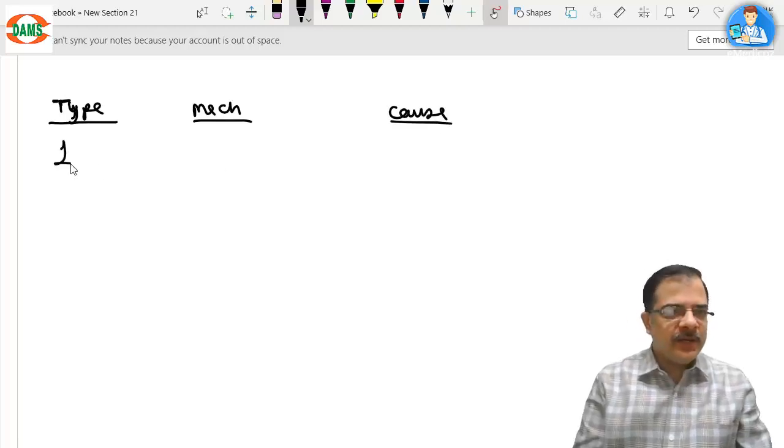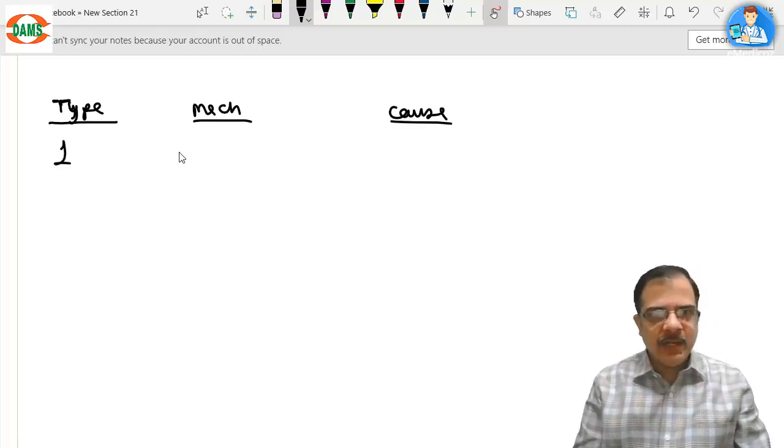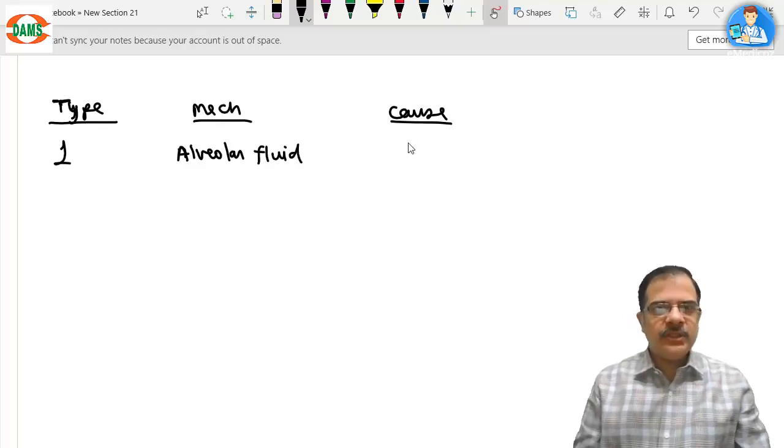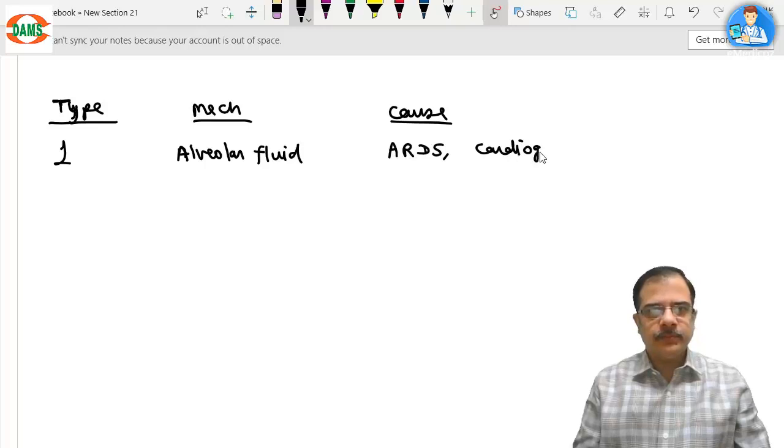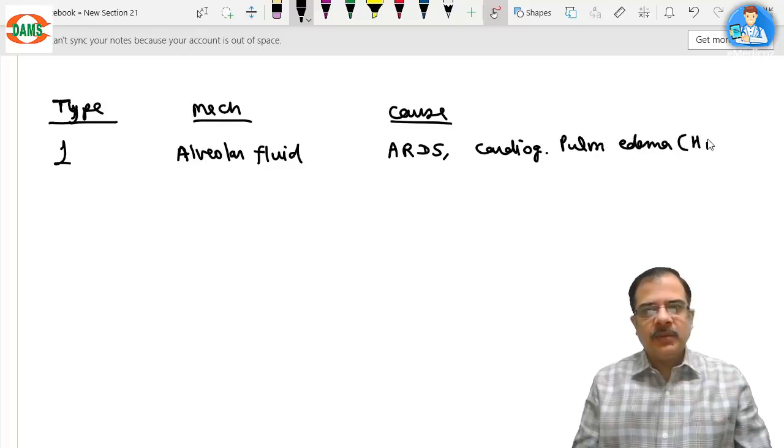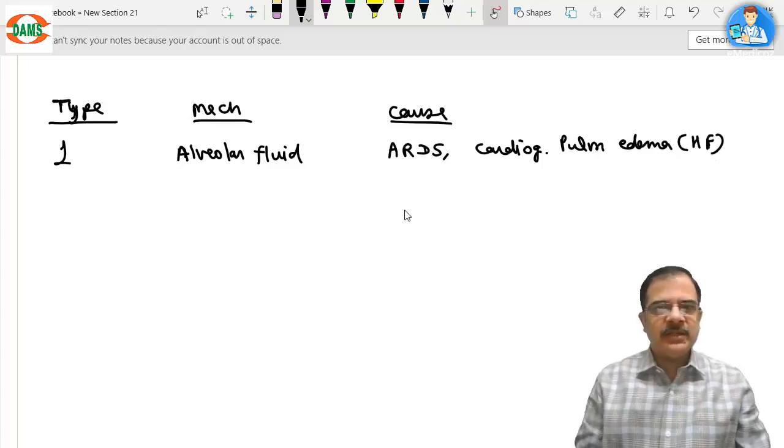Type 1 respiratory failure is mainly due to alveolar fluid, and the causes are ARDS, or it can be cardiogenic pulmonary edema like CHF, pulmonary edema, heart failure, which can have type 1 respiratory failure, alveolar fluid.